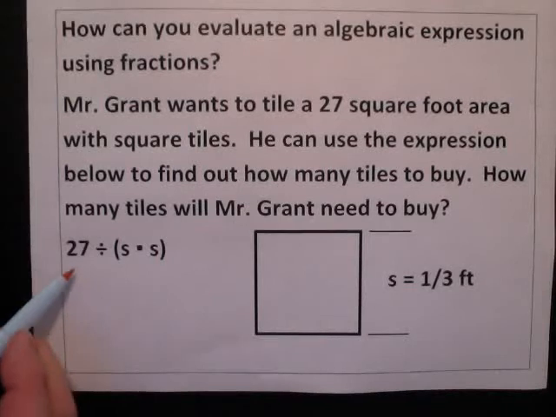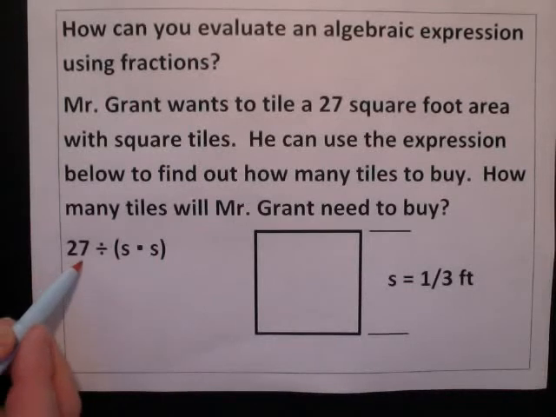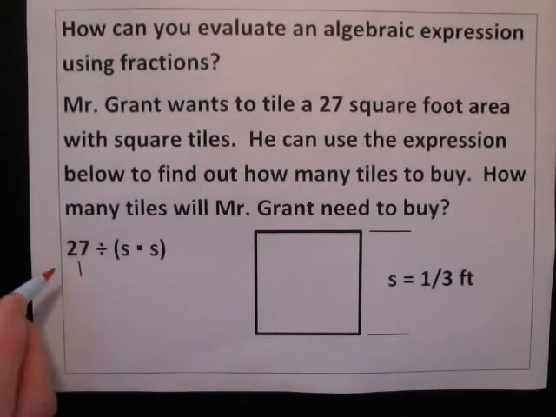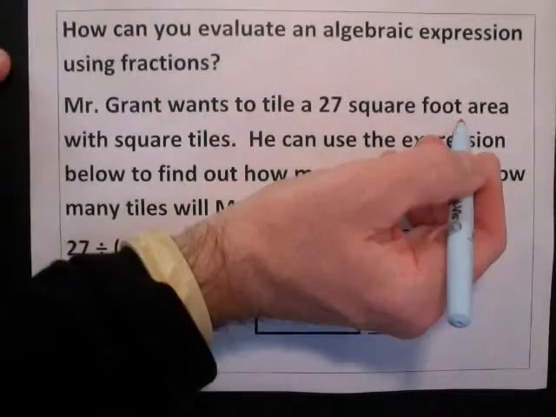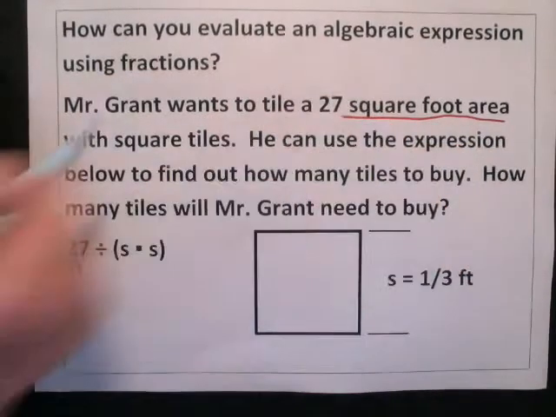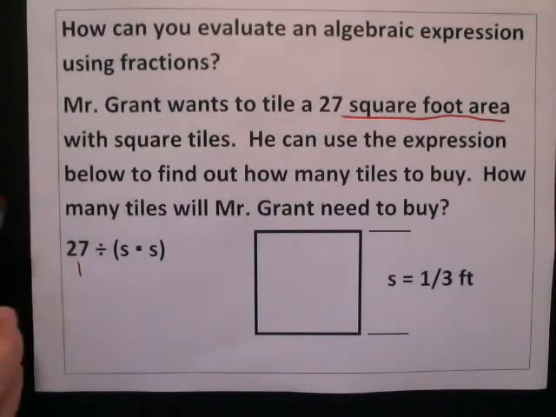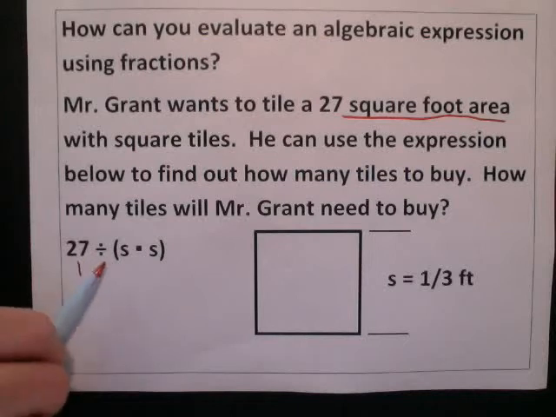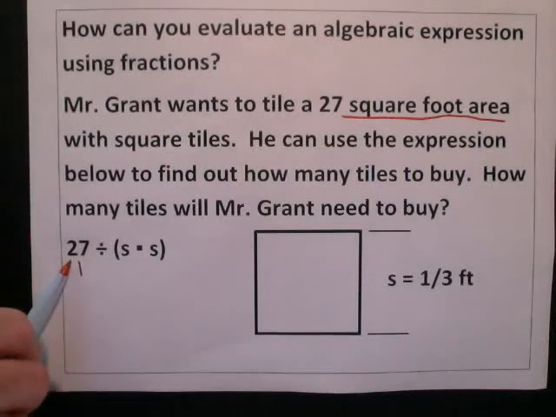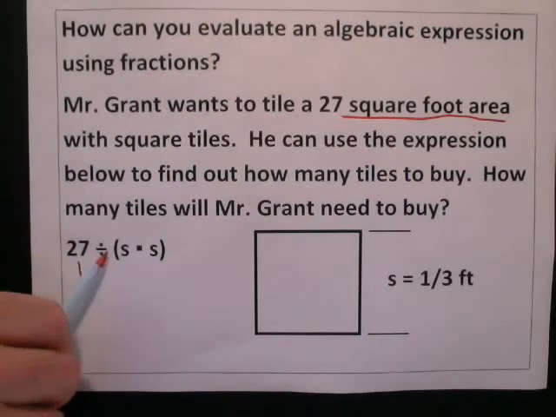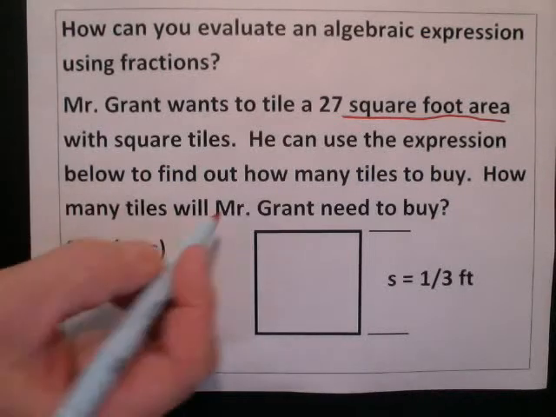There's a couple things going on here. First of all, here's the expression he's going to use. 27, which represents the square foot area of his room. You're going to take the area of his room and divide it by the area of one tile.